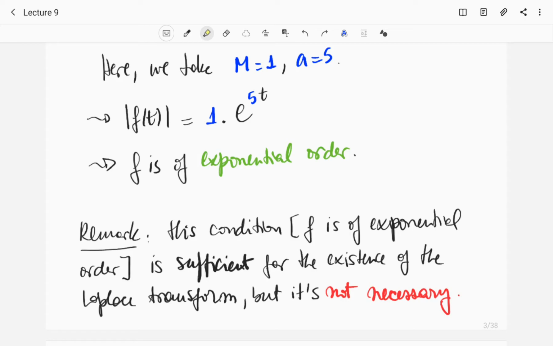And that means that the condition is not necessary. I might have a couple of functions where I can compute the Laplace transform, and those functions are not of exponential order. However, if we have this class of functions of exponential order, then for all of them I can compute the Laplace transform and I know that it's finite, okay?